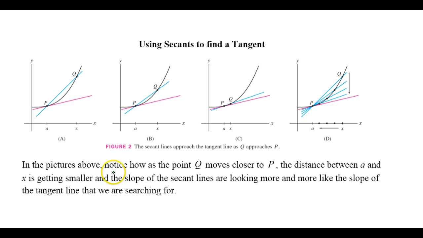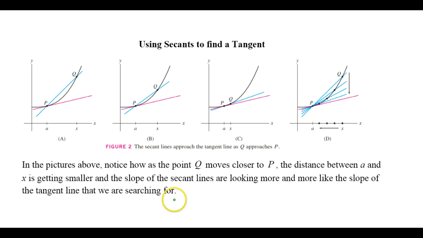So this is written out for us in the pictures above. Notice that as the point Q moves closer to P, the distance between A and X is getting smaller, and the slope of the secant lines are looking more and more like the slope of that tangent line that we're in search of.